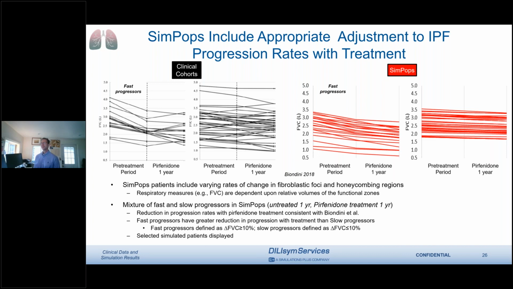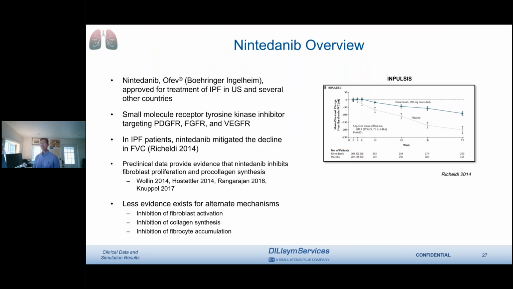So switching from standard of care number 1 to standard of care number 2, nintedanib, also known as OFEV, same sort of situation. It's been on the market about the same amount of time, I want to say 5 or 6 years now, and providing help to patients in a similar manner, where it's slowing the rate of disease progression, as these INPULSIS 2014 phase 3 data indicate, and really helping patients as much as is possible with these mechanisms.